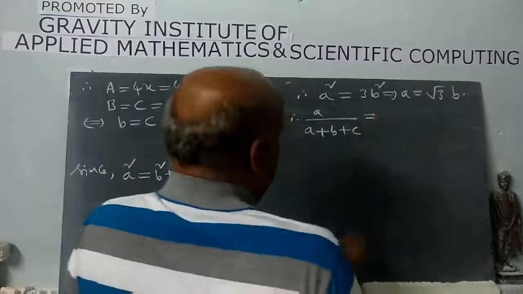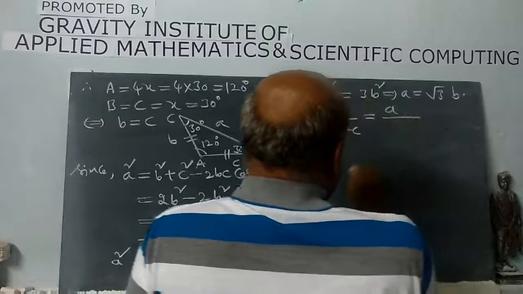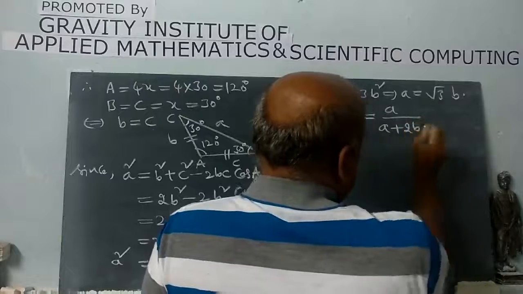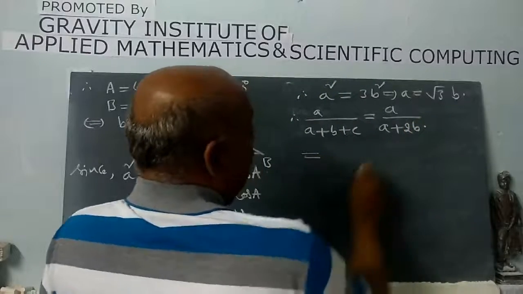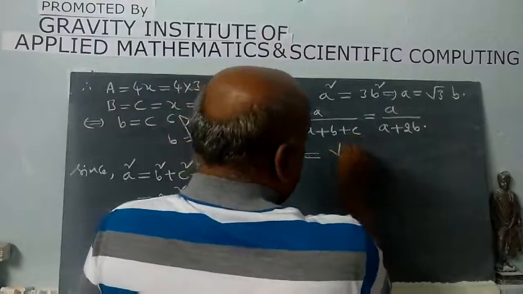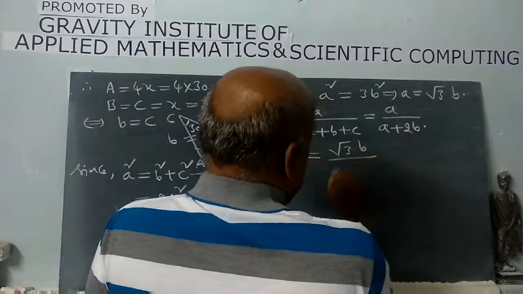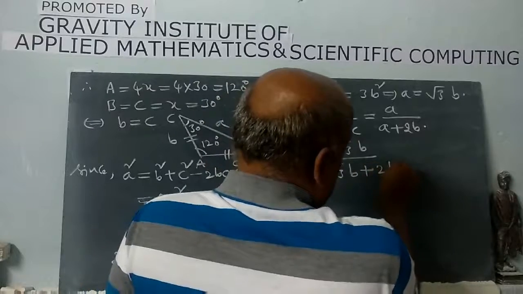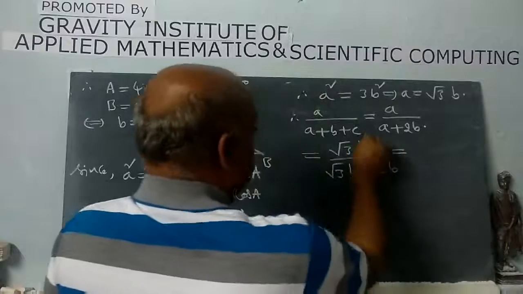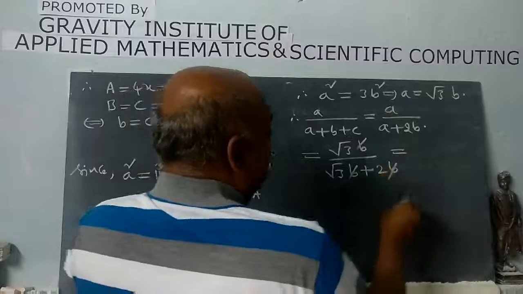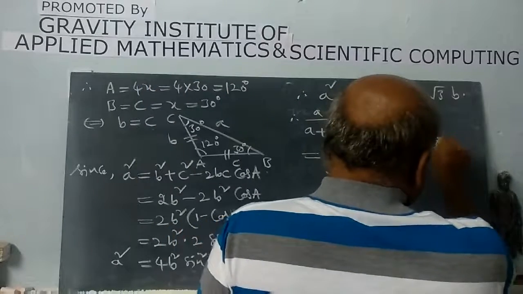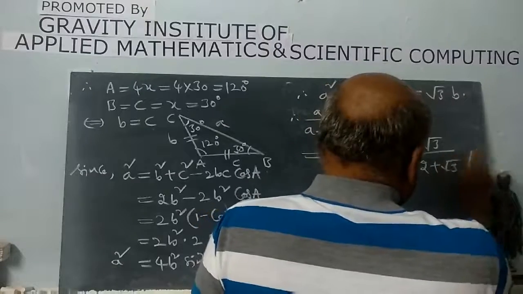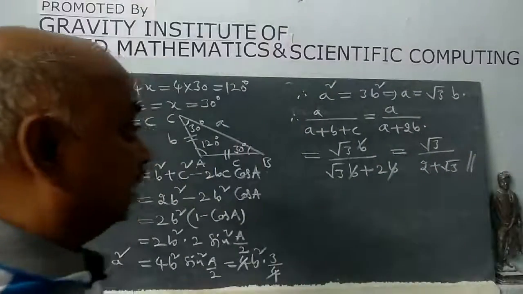This is equal to a by, b equal to c, so a plus 2b. This is equal to, a value is root 3 b, by root 3 b plus 2b, b can get cancelled. So root 3 by 2 plus root 3. This is the required answer.